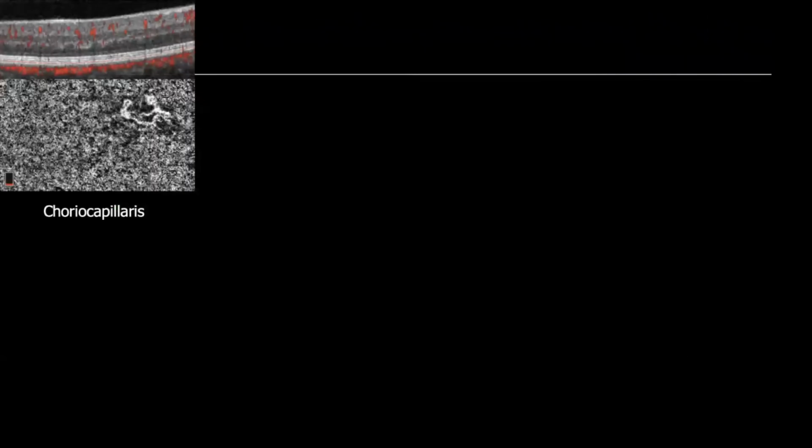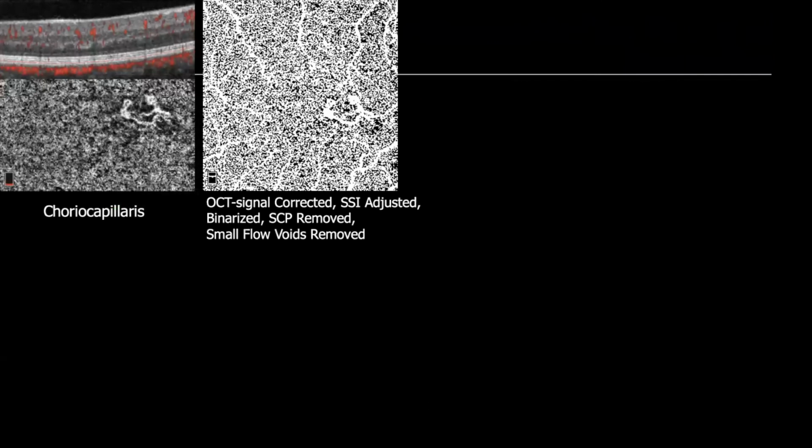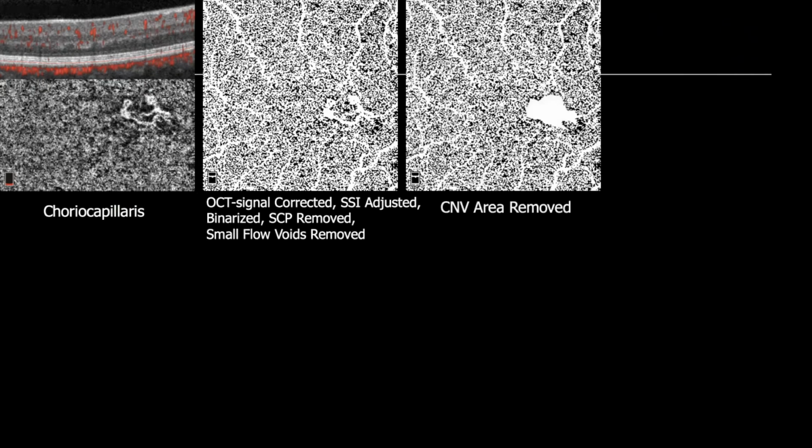Once you have this compensated choriocapillaris, we then adjust it for the signal strength, binarize it, remove the artifacts from the superficial capillaries, and remove artifactual small flow voids. That creates a map of the choriocapillaris, and we also remove the actual CNV because it is not really related to the choriocapillaris.